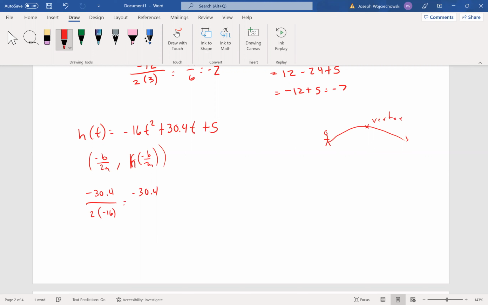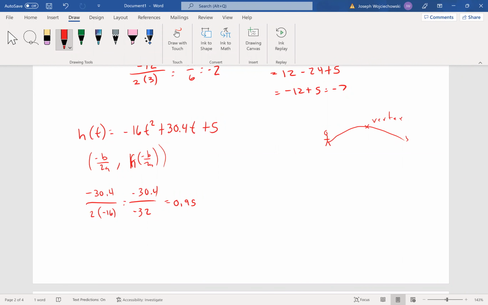Negative 30.4 over negative 32. And get my calculator. 30.4 divided by 32. And I get 0.95.